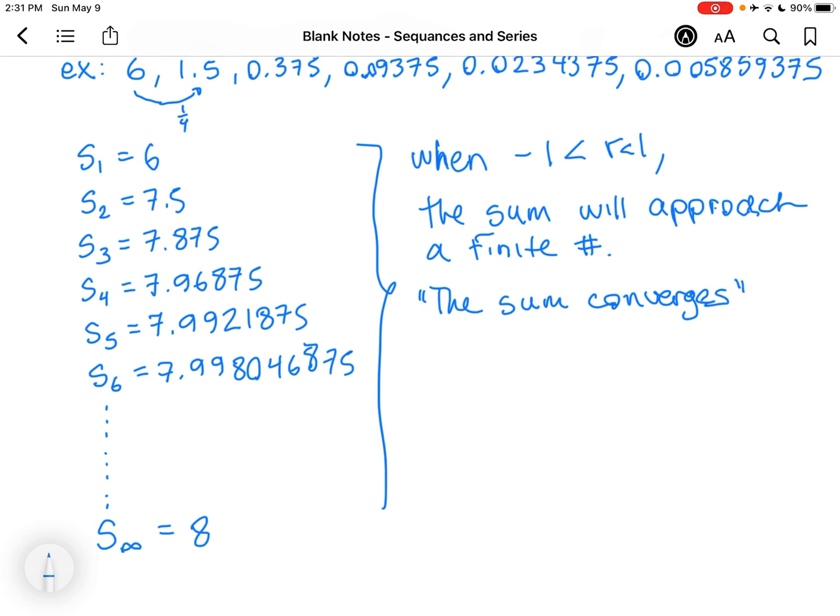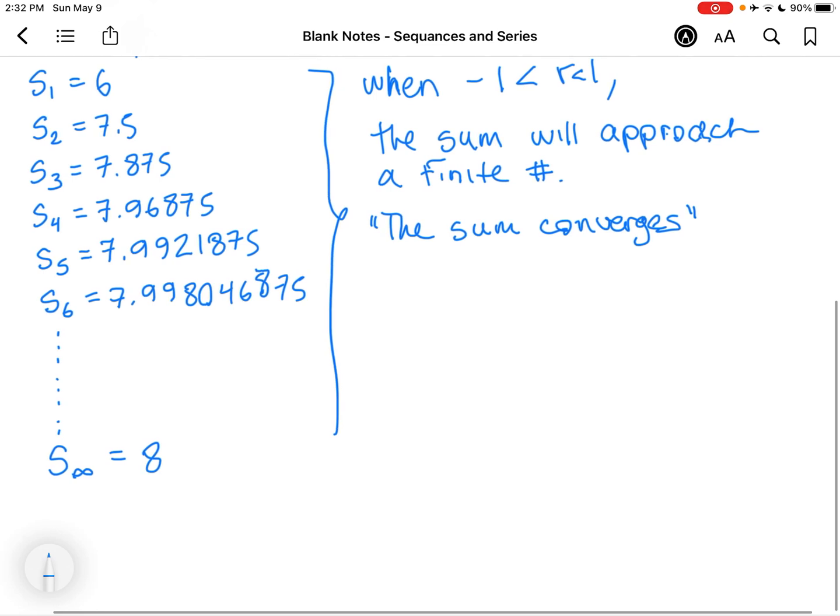As opposed to in the first two examples, when the sum does not approach anything or approaches infinity, we say that those sums are divergent. So this sum is convergent, and the other two sums are divergent.